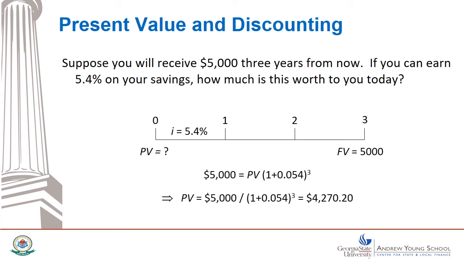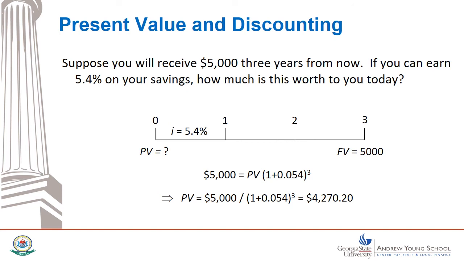What this means then is that $4,270.20 now is equivalent to $5,000 received at the end of 3 years if the initial $4,270.20 is compounded annually at 5.4%. Or to reword it, we would be just as happy receiving $4,270.20 today as we would $5,000 in 3 years, knowing that we could invest that money at 5.4% for 3 years.